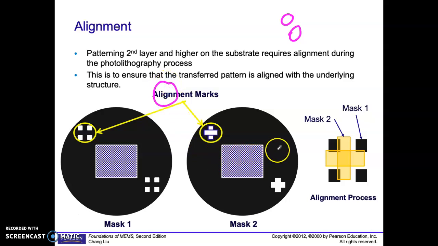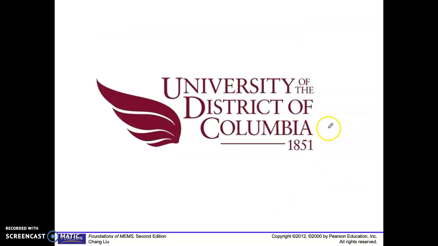If you don't do the alignment properly, your device will not be fabricated properly. Let's say this is mask 1 and mask 2. When you design your mask, you need to make sure you put what we call alignment marks. These alignment marks need to be aligned properly using the microscope inside the mask aligner.